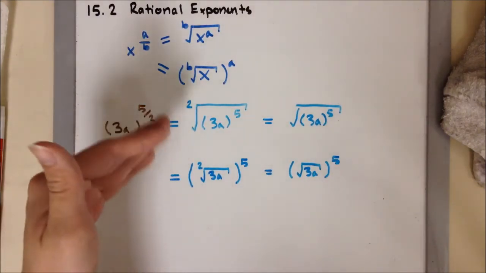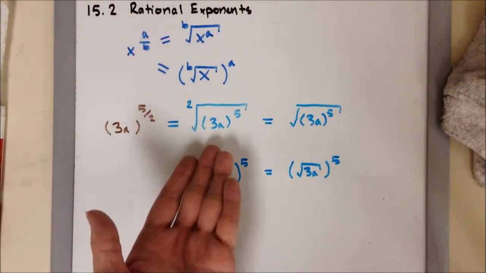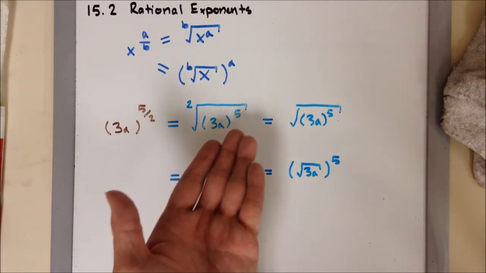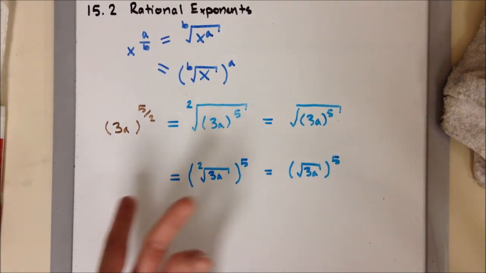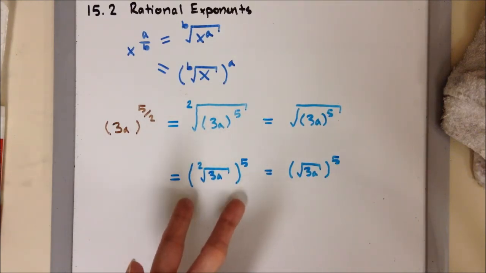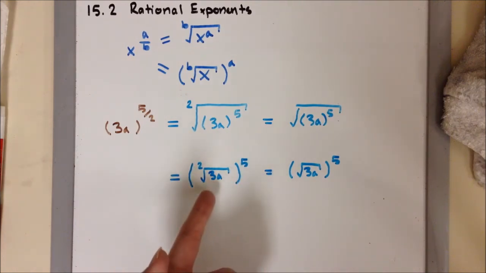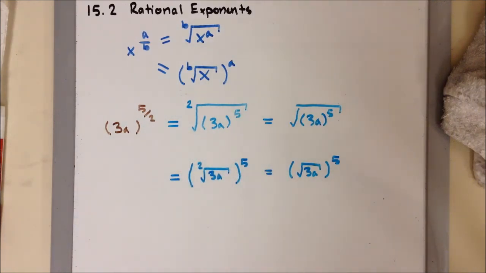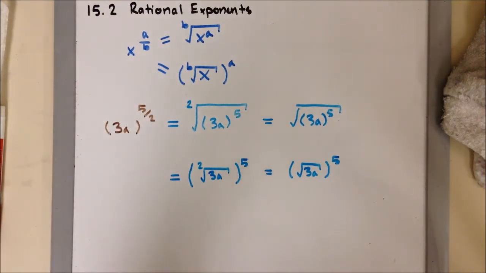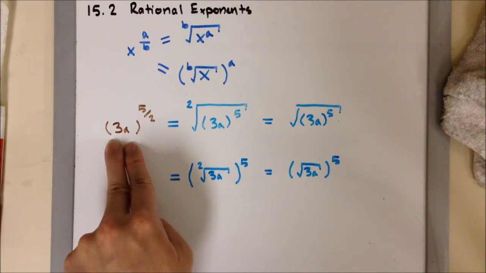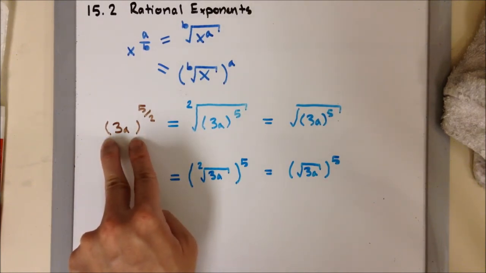But again, be familiar with the two forms, where you see here parentheses on the 3a with the 5th exponent or the power of 5, whereas over here, same thing as usual. Now we have parentheses on the whole thing with the 3a inside the radical and the power of 5 outside. So again, be familiar with the two forms, but to review, since we have two parts, 3a, you see how we have parentheses on it.